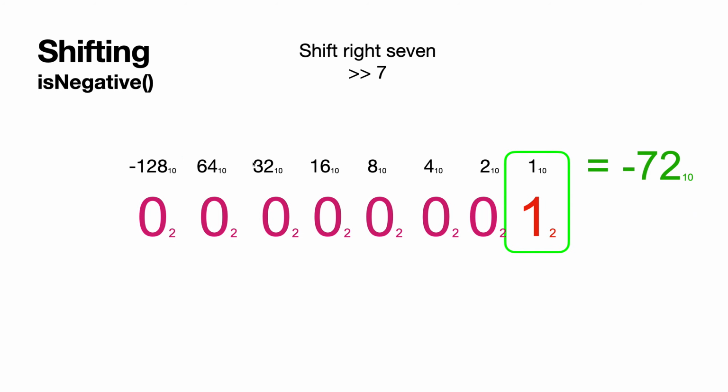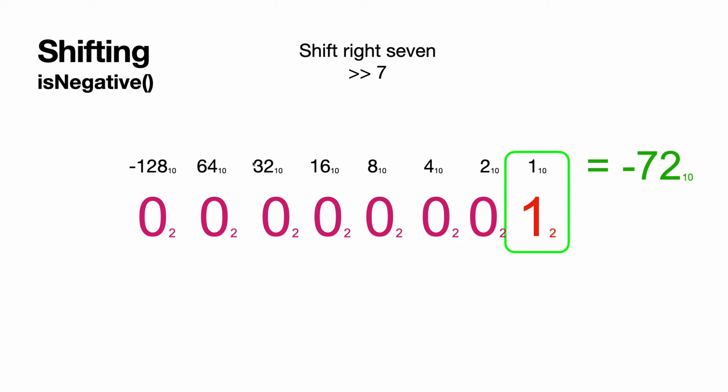So is negative 72 negative? After shifting, we get the representation for true, which is 0, 0, 0, 0, 1. So if we shift the number n minus 1, it will tell us whether it's negative or not by shifting the negative bit all the way to the first spot.